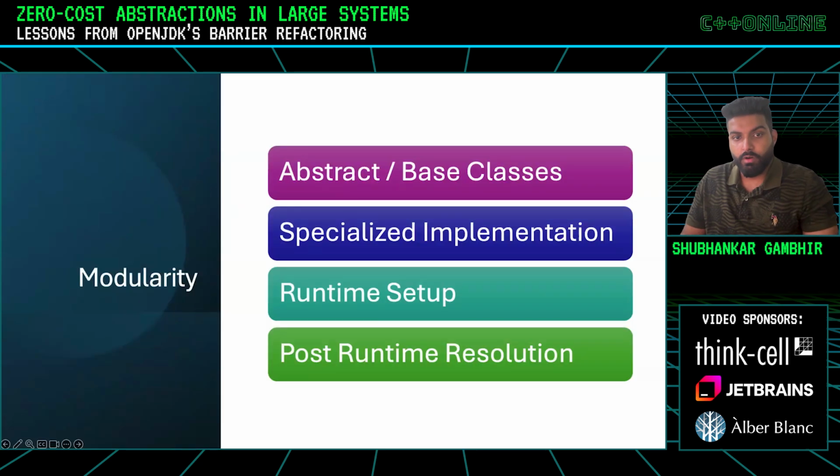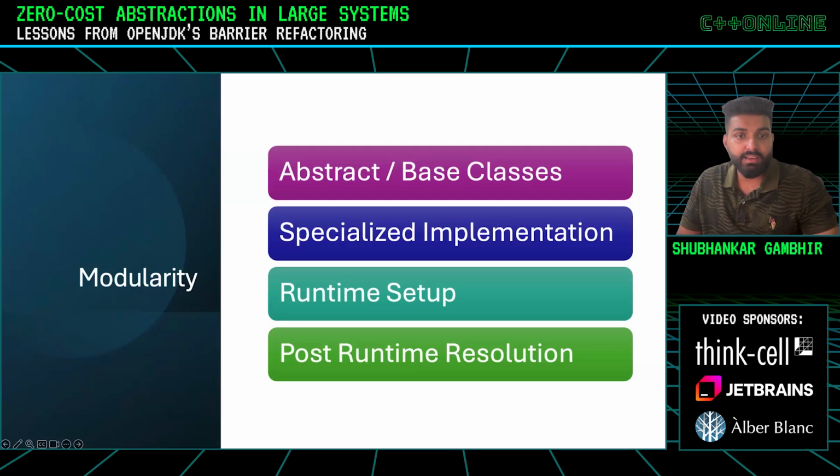Now let's zoom out. Why did the OpenJDK team go through the agonizing effort of building this deeply nested, macro-heavy template metaprogramming pipeline? Obviously, to decouple the JVM, but they also wanted to achieve total modularity. This work was actually blocking the introduction of ZGC, which was a new state-of-the-art garbage collector at that time.